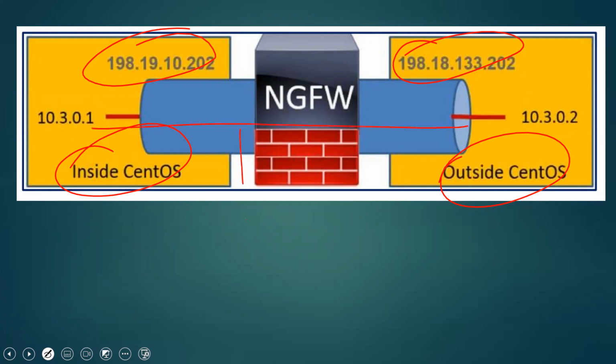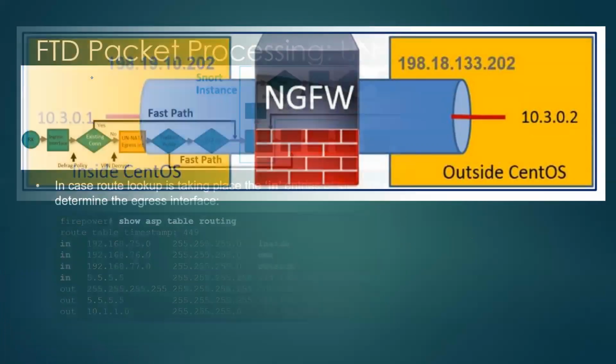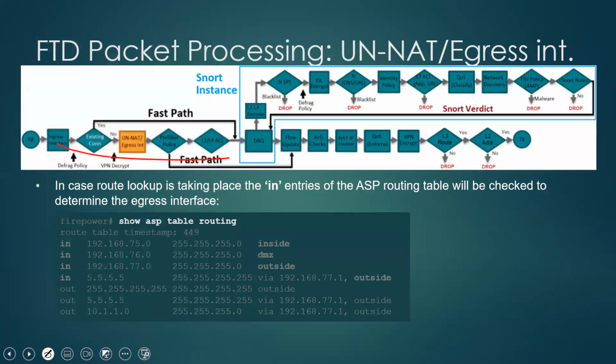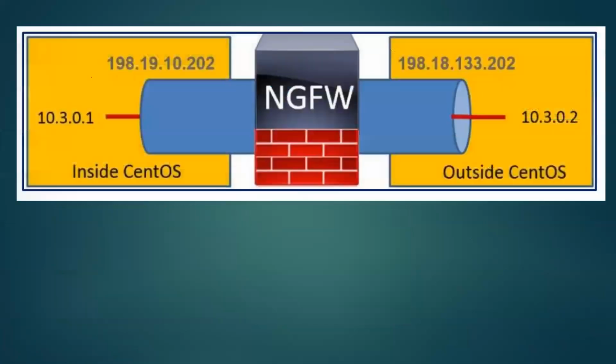If you create the pre-filter policy, we can create a tunnel in between. And if we create the tunnel, then it will not do all these many checks and go inside the ASA data path. Rather, once it reaches the pre-filter policy, it will skip a few of the paths and go to the destination.